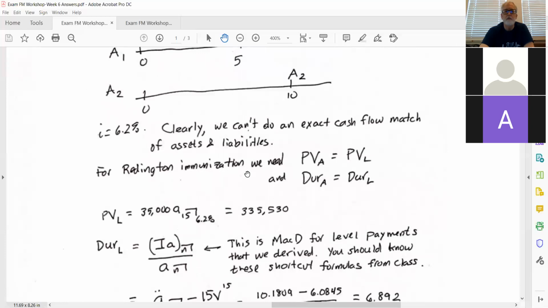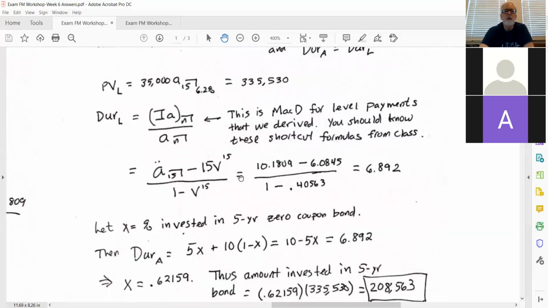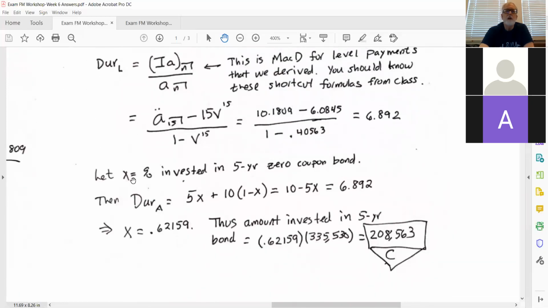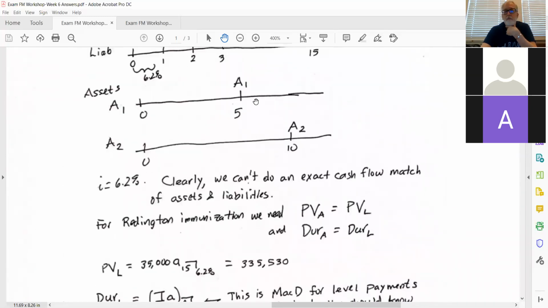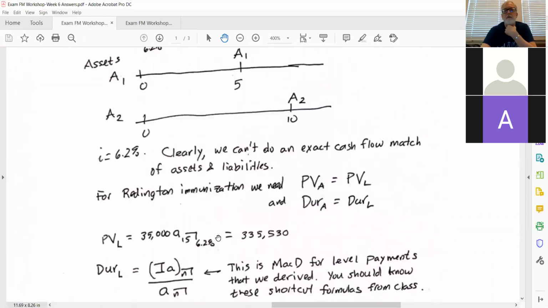You could have done it the other way around. So if x is the percentage invested in the 5-year zero coupon bond, well, the duration of a lump sum is just whenever that lump sum comes in. So asset 1 has a duration of 5 years, and asset 2 has a duration of 10 years.